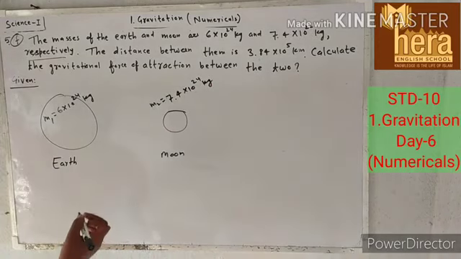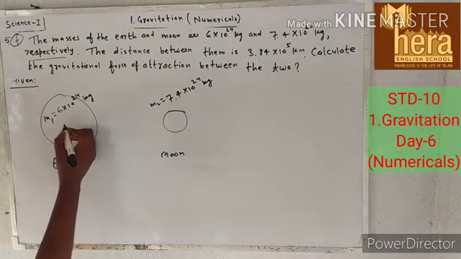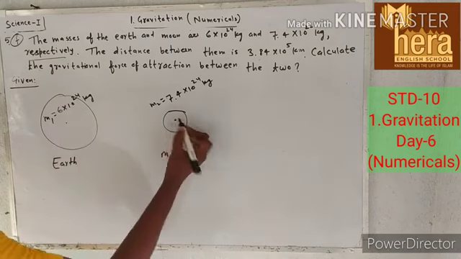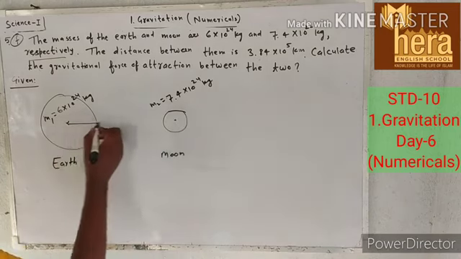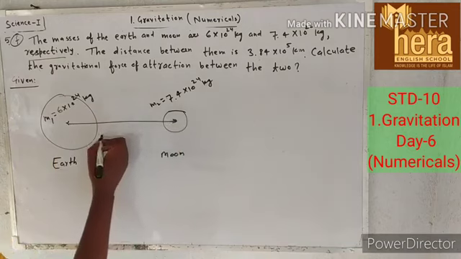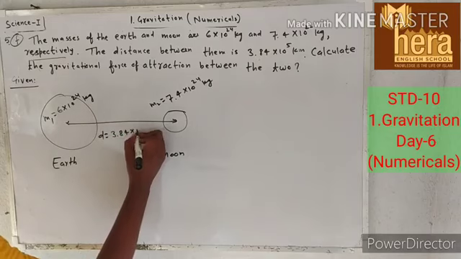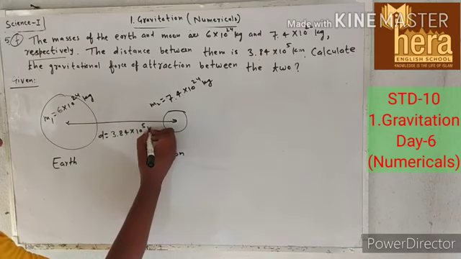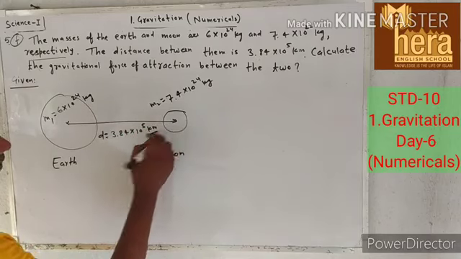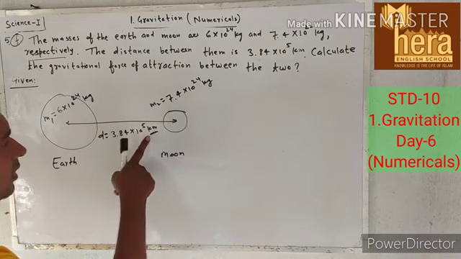Distance between them, from center to center, that is D is equal to how much? 3.84 into 10 raised to 5 kilometer. I have written here kilometer.